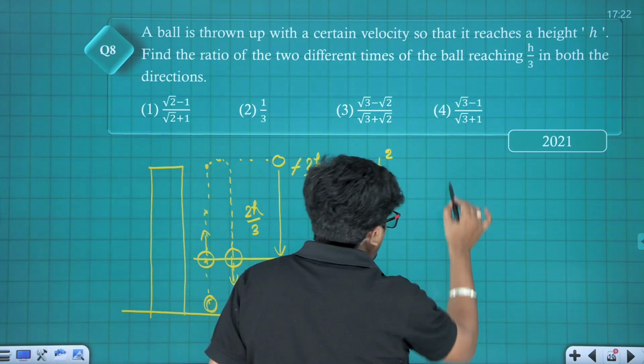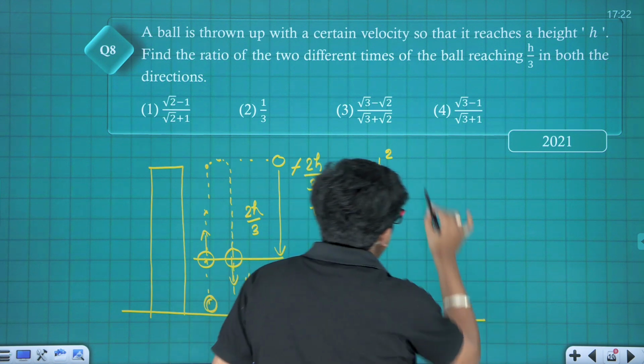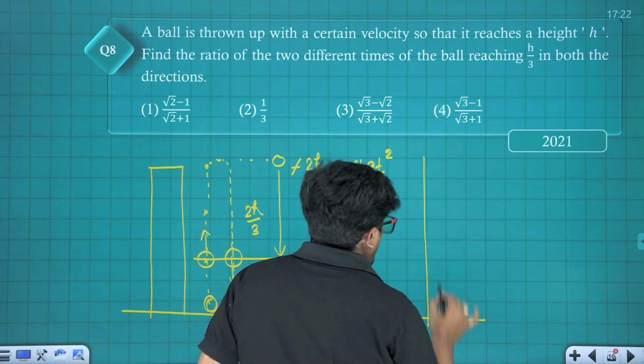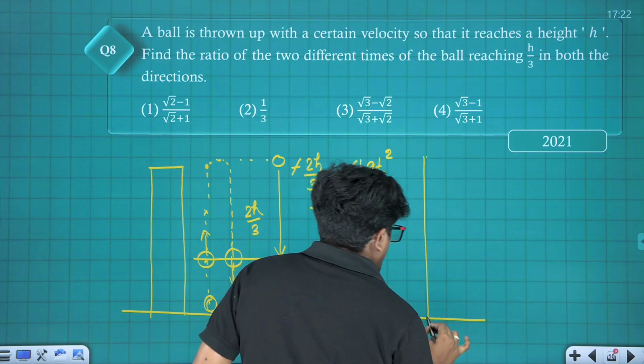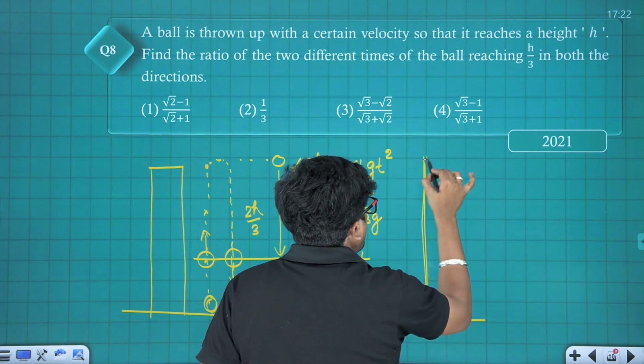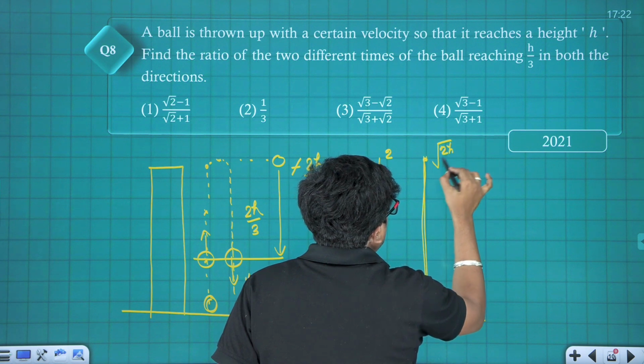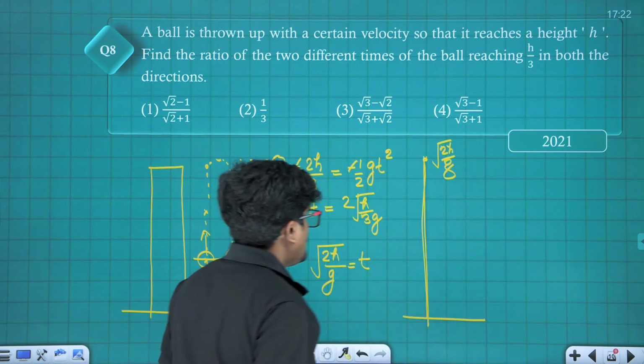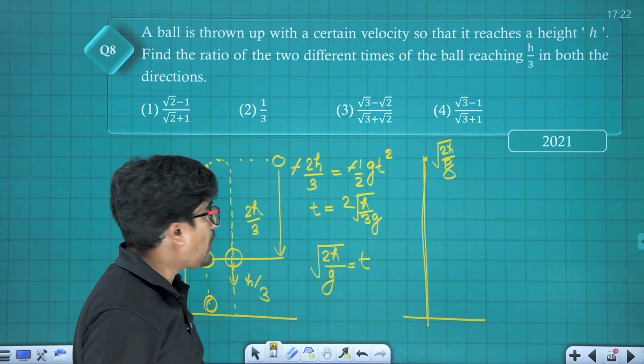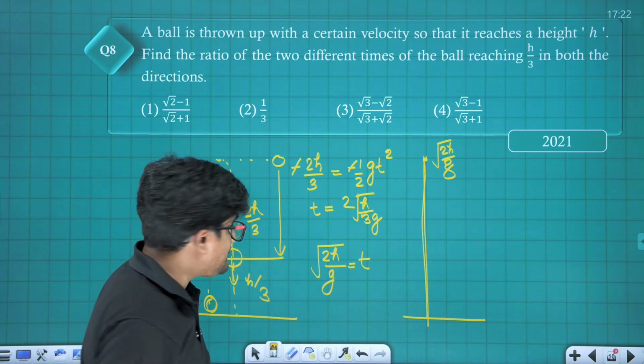Okay. Now please try to understand the case. The time taken by the ball to reach the top is under root of 2h by g.